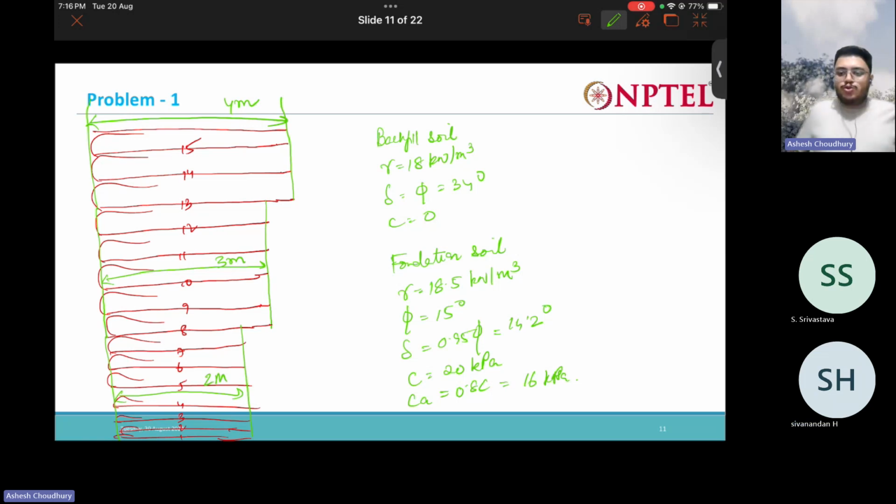Now, as I said in the beginning, I won't be considering the seismic forces and all these things. But you can redo all these problems by yourself, considering live load, seismic forces and all those things, in whatever way it has been taught in the class by Professor Rajagopal.